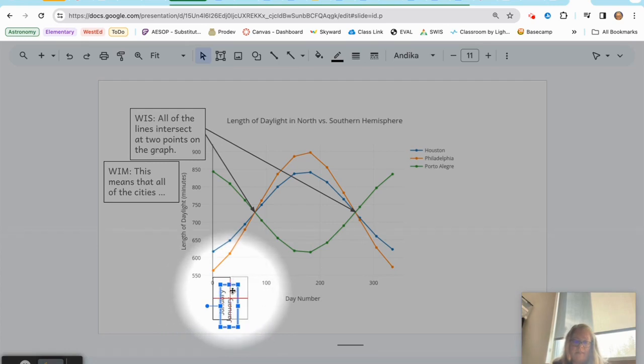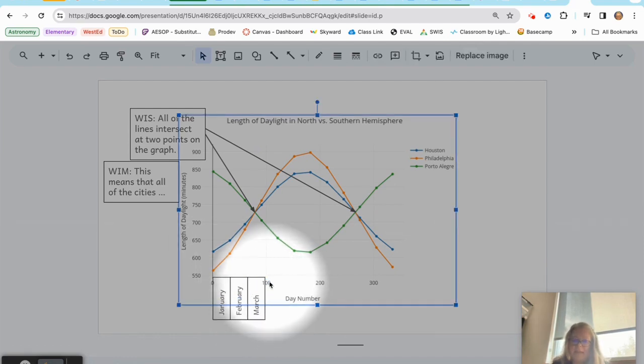Then we'd have about 60 days. So this might be the end of February. And then 90 days would be to the end of March, roughly. And then we'd have another 10 days. So this day 100 is sometime around April 10th-ish. And I could continue to go through and understand that.